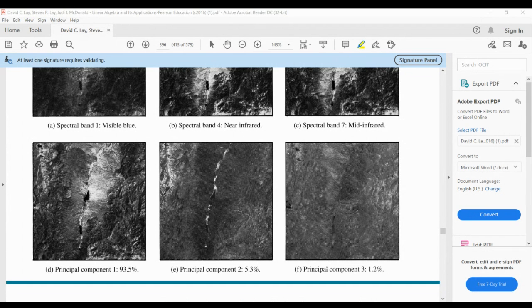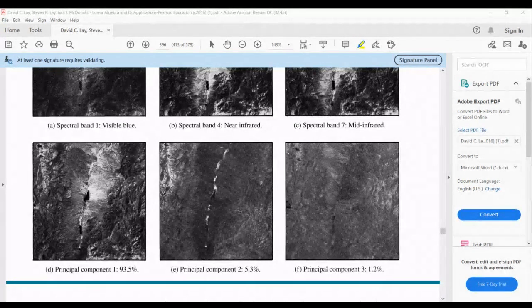Earth Satellite Corporation of Rockville, Maryland, supplied these photos. The image is of Railroad Valley, Nevada. When satellites take an image, there's a lot of data, right?